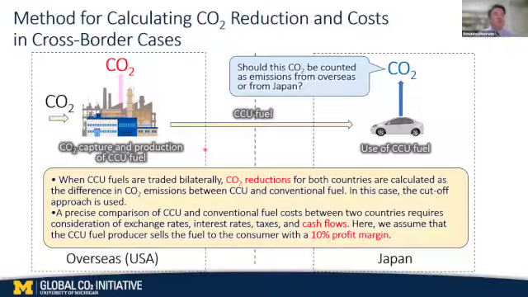So if the expenditure is $10 per ton of fuel, the US will sell to Japan at $11, a 10% profit margin. It's just a trial, but suppose we do this trial with the 10% profit margin, what will happen?